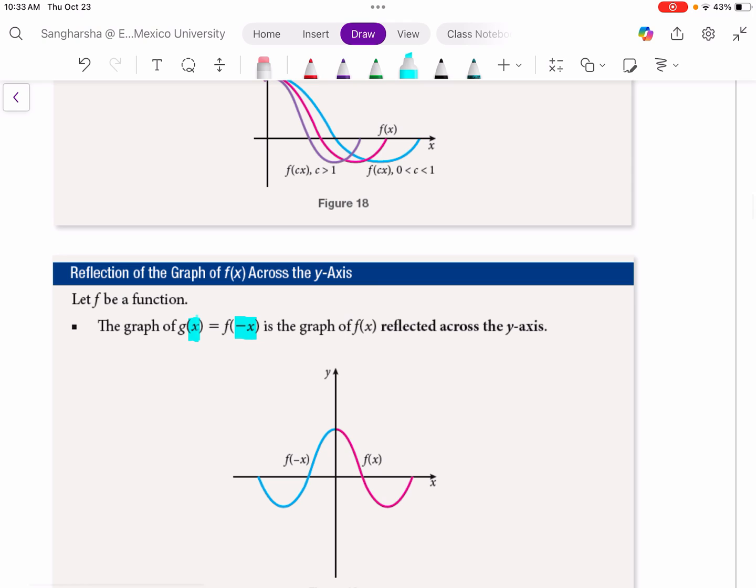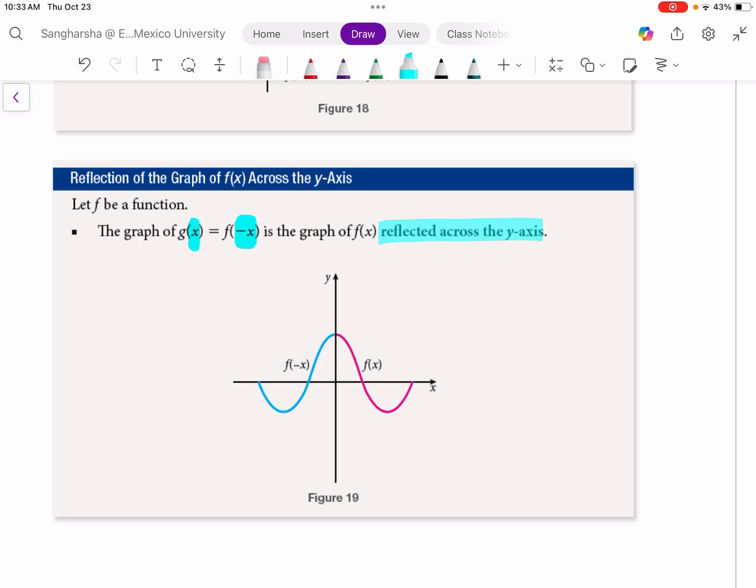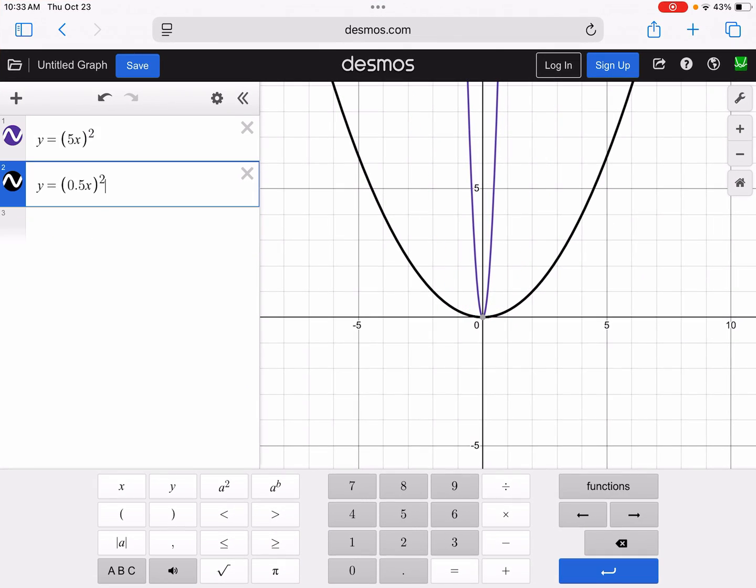So if we replace x of a function by negative x, then our graph is reflected across the y-axis. You can just imagine you have a mirror along the y-axis. That is a reflection across the y-axis. Let's take an example. Let me take a different function here.